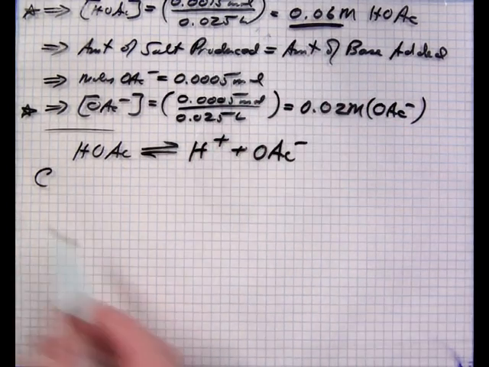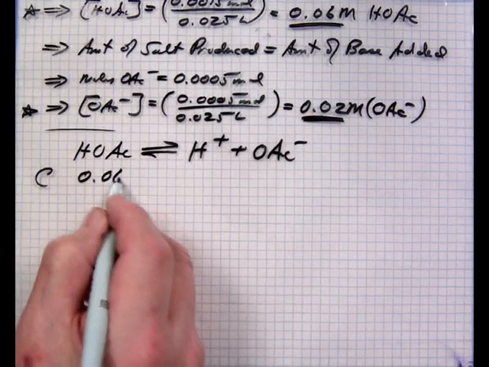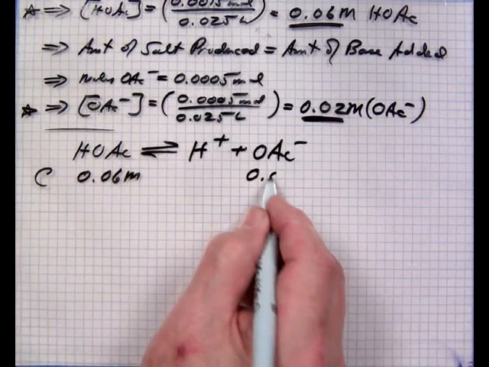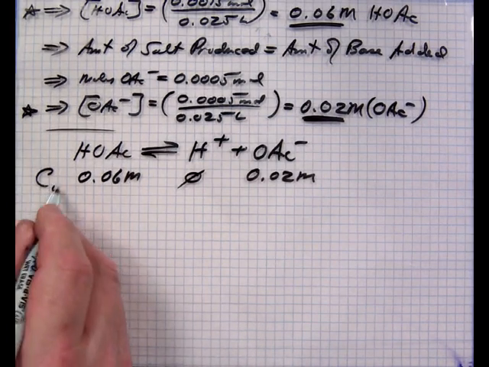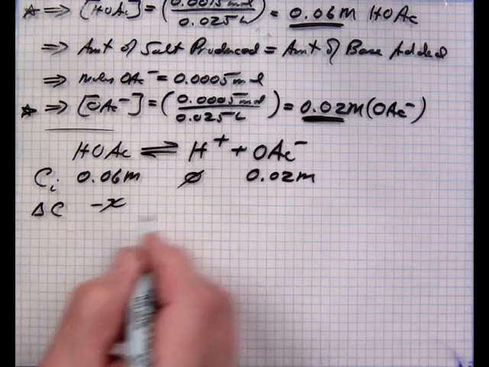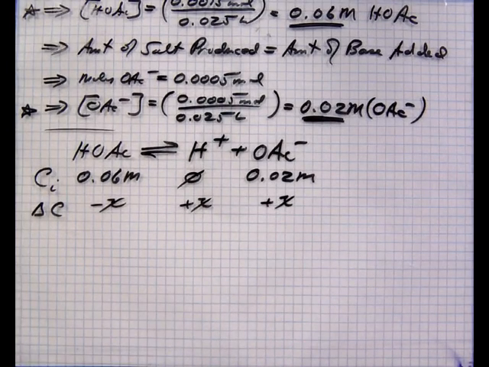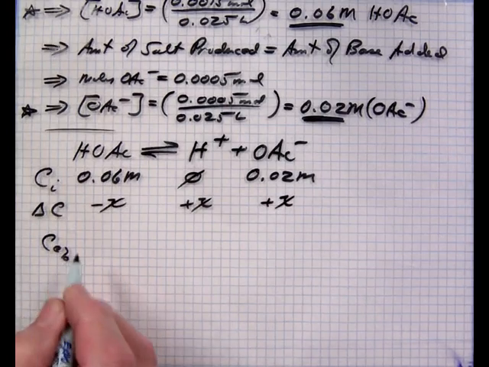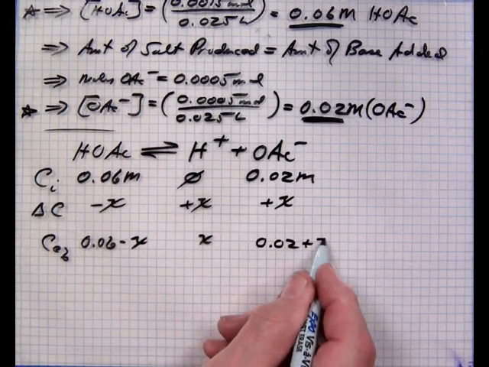Here's the acetic acid, here's the acetate ion, so we have 0.06 molar here and 0.02 molar right there. And in the common ion concept, we assume this is 0 to start with, it's so small. The change in concentration, this of course will go down by X. This was up by X is what we're looking for, and this will also increase by X. And at equilibrium, we have 0.06 minus X, and 0.02 plus whatever X is.